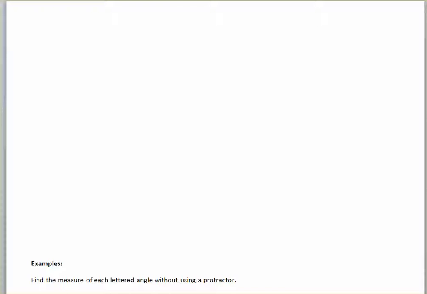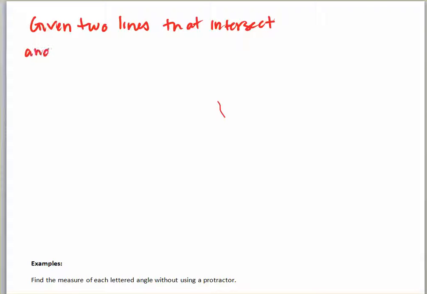So to start off our deductive argument, we need to set up the condition, right? The given. What are we given? So we are given two lines that intersect and form angle 1, angle 2, angle 3, and angle 4 as shown.